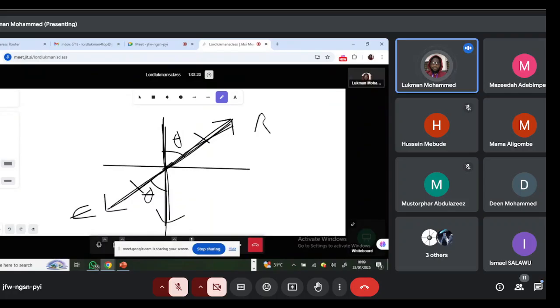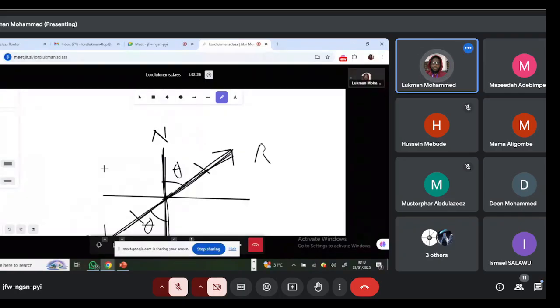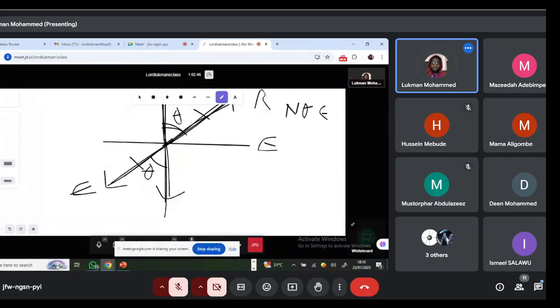Now let us see how we can represent this. If you want to quote for this resultant, it's going to be north theta degrees to the east, to the line touching the resultant. You can see north theta degrees east. If it is the equilibrant, come and see. We're going to start from here.